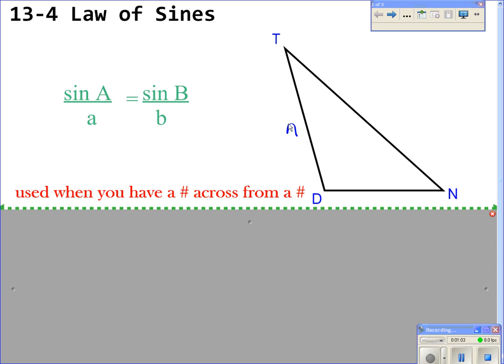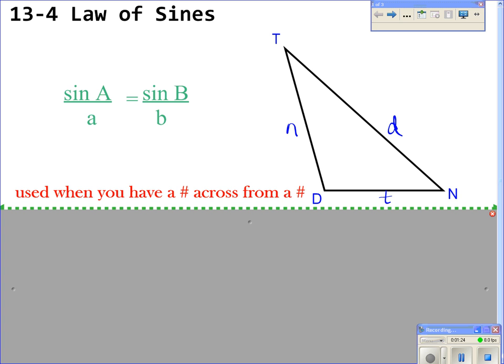So this being angle D, across from it would be lowercase d, and across from capital T would be lowercase t. So in this formula over here, you'll notice that A is over A and B is over B. So the angle and the side across from it is going to go together in one fraction. So that's how we set that up.